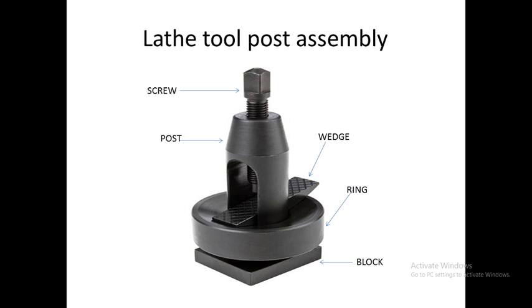So in order to move the cutting tool at a particular angle with respect to horizontal, the spherical groove is provided inside the ring. And similarly the bottom part of the wedge is also spherical so that it can slide inside this spherical groove, and the tip of the cutting tool can be inclined at any angle with respect to the horizontal. So these were basically the 5 parts of the lathe tool post assembly.